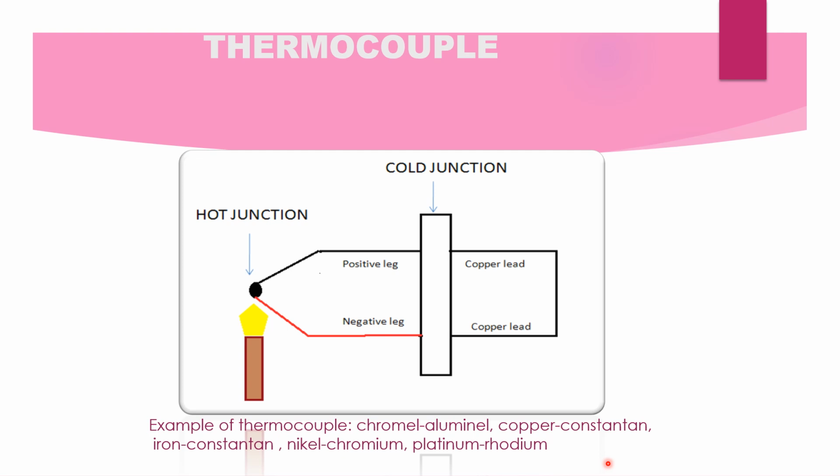They are joined together, and as in this diagram, you have a junction of these two dissimilar metals, and if you give a heat or a cold treatment at this junction, the two dissimilar metals will generate a voltage, and that voltage will correspond to the temperature. With this Seebeck principle only, the thermocouple is used in all these devices to give us the temperature readout.